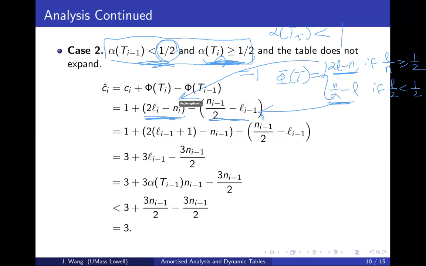Okay, so in this case, we still have L sub i minus 1 plus 1 is equal to Li, and we still have N sub i minus 1 equal to Ni, because the size of the table is not changed. So then we plug that in for Li, and for N sub i, we plug that one in.